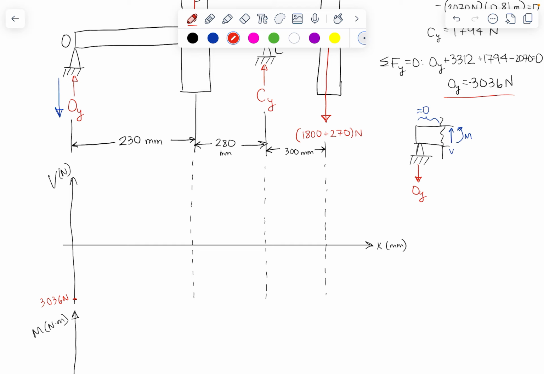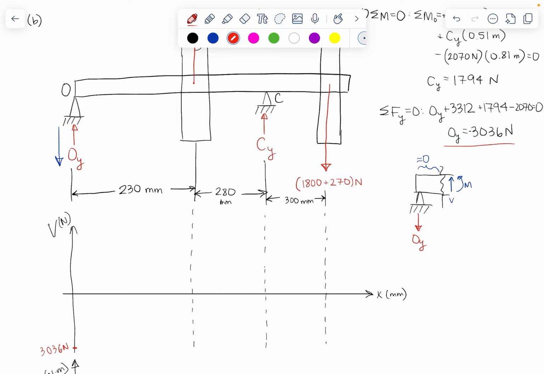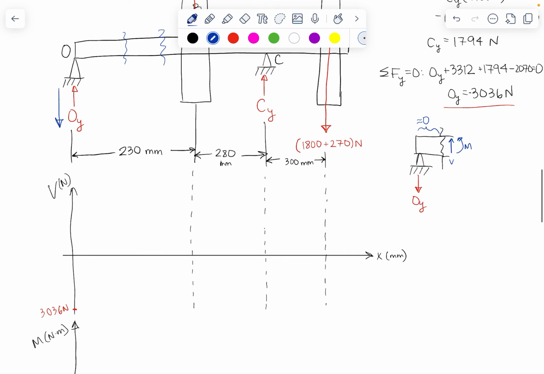So if I continue making cuts along the length of this shaft, no matter where I make my cut, could be here, could be here, I still am only going to have the one shear force that's equal to OY that is acting and being reacted by the internal forces inside of this beam. So my shear force is going to stay constant all along this section.